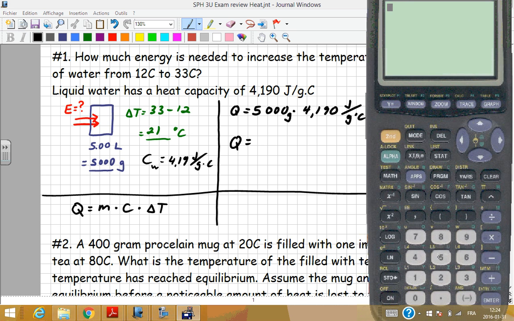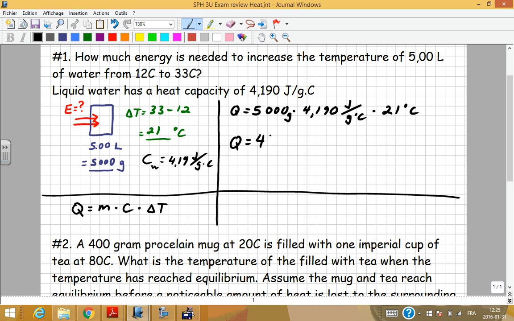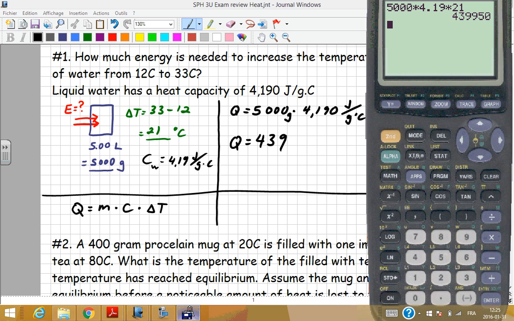Okay, so 5,000 grams multiplied by 4.19 times 21 degrees equals, actually it's 439,950.